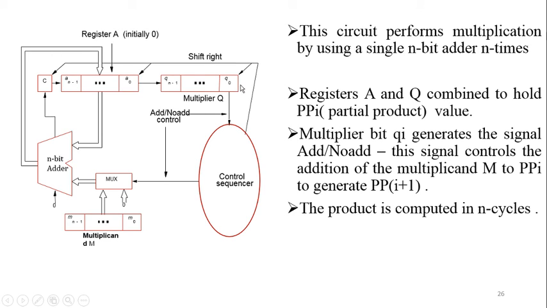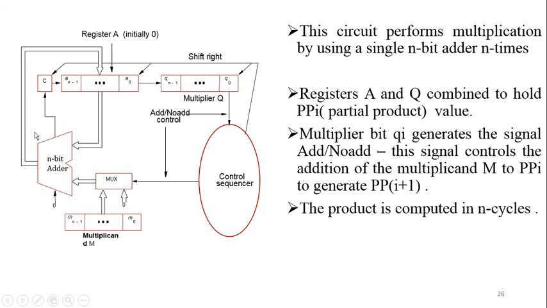Okay, again check the LSB bit of this Q array. If it is 1, what operation does this control sequencer activate? This control sequencer commands an addition and a 1 bit right shift operation. Then the adder performs the addition, writes the result back into this accumulator array and performs a 1 bit right shift operation.